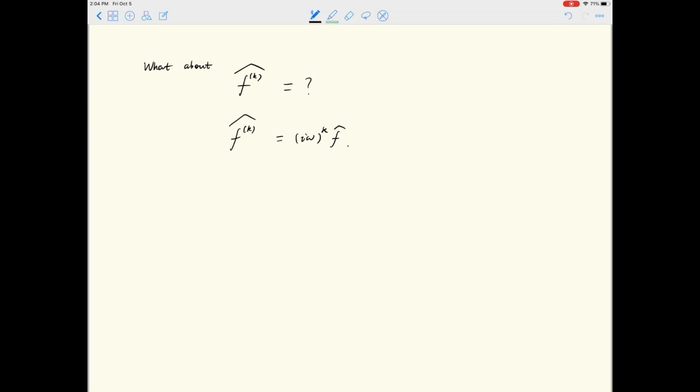So now let's look at one example or one application of this. In this example, the Fourier transform of f(t), which is 1 over 1 plus t squared, is f hat of omega, which is given as pi e to the minus absolute value of omega.